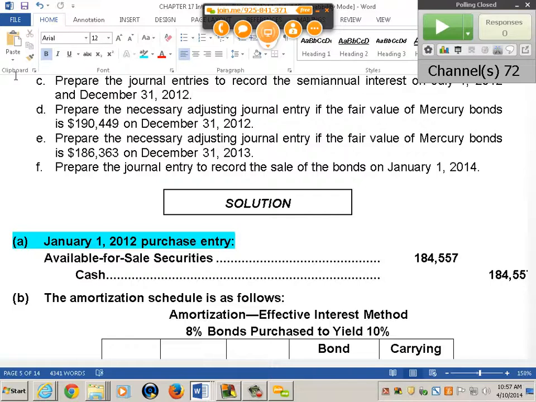We do not use typically a discount or a premium for investments. So just think about a personal investment that you might have. You're not going to set up a separate premium and discount if it's a debt security. So essentially what will happen here is that you're going to have the investment.